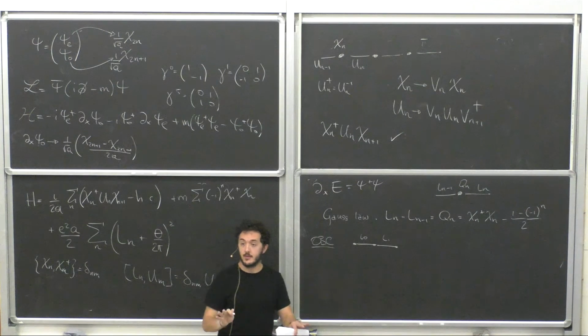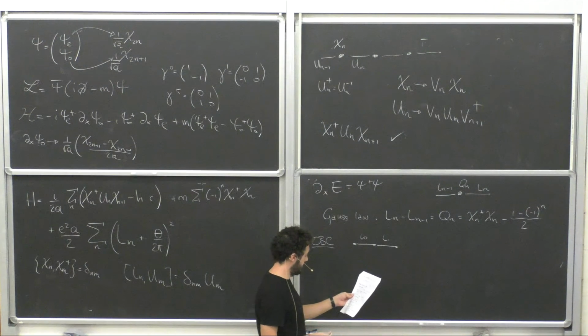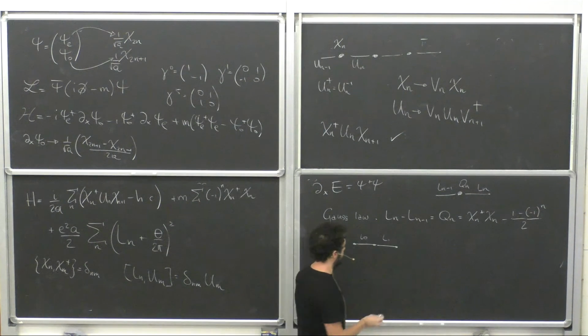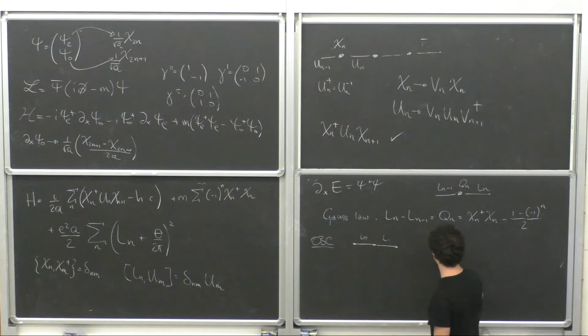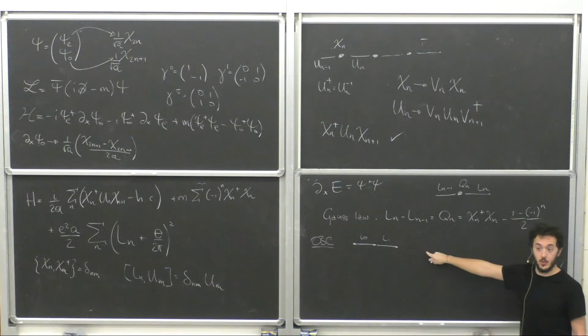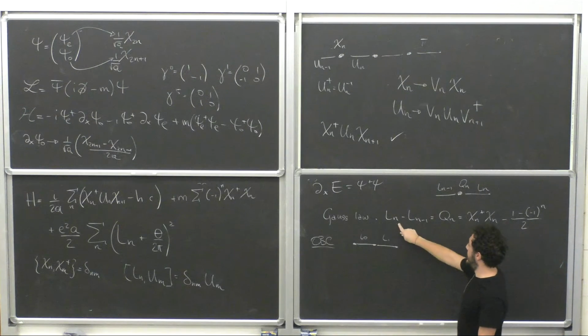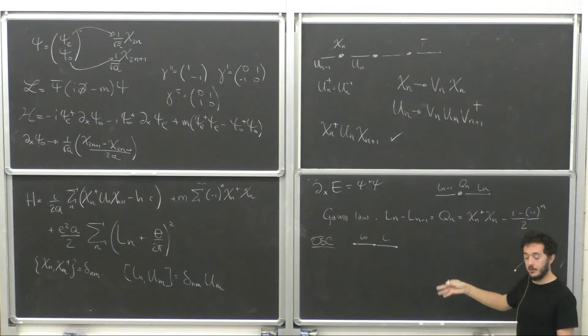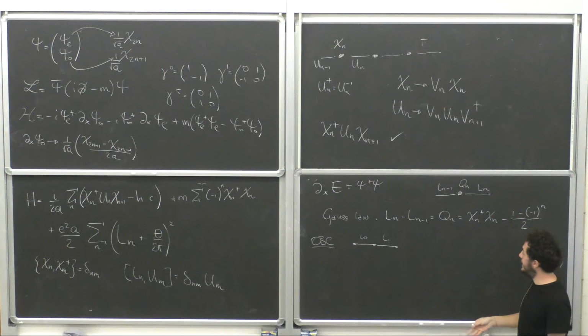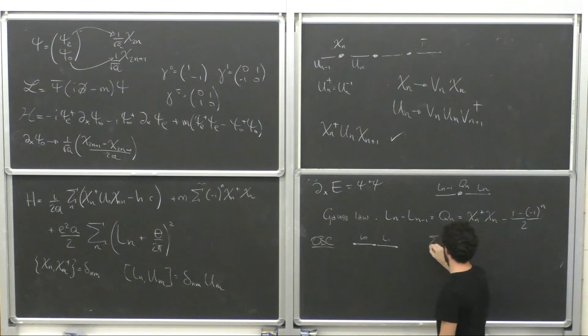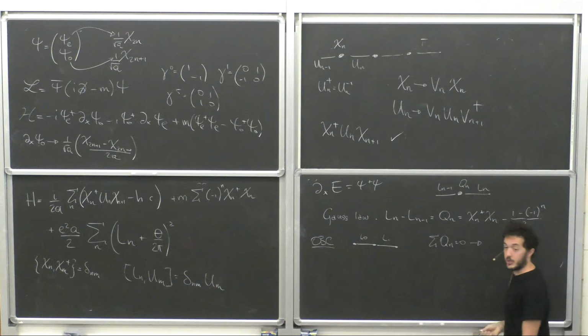You completely integrate out the gauge field. Well, when I get to the end of the chain, though, I want to go back to 0 electric field. So when you sum the Gauss law over all sites of the chain, you get that the sum over the charges has to be equal to 0, which means that we're working at half filling.